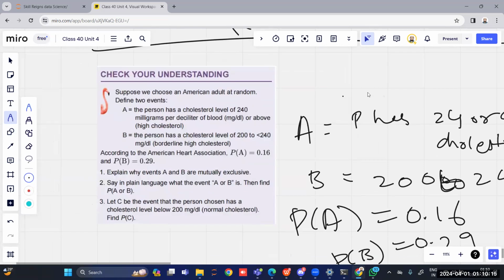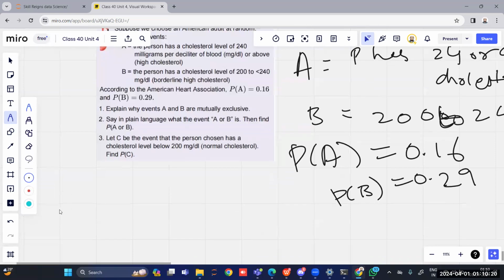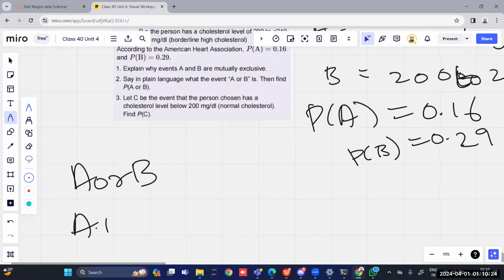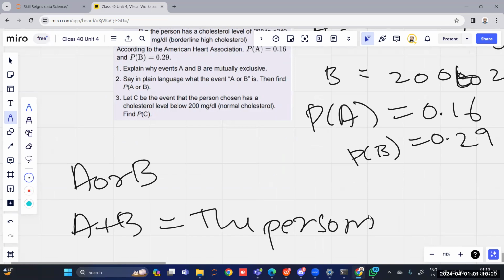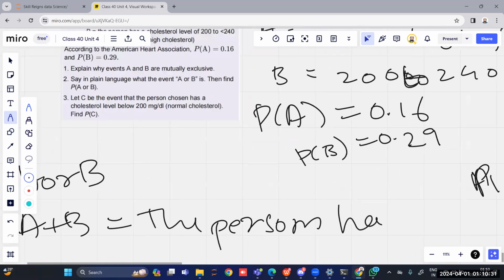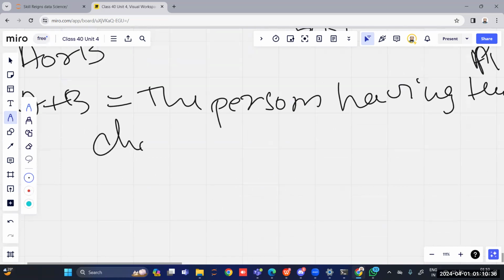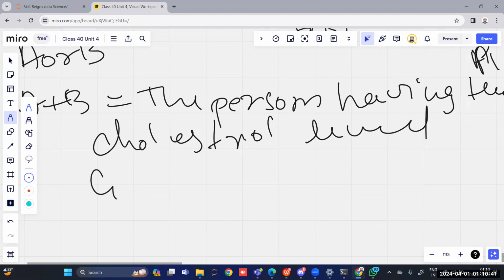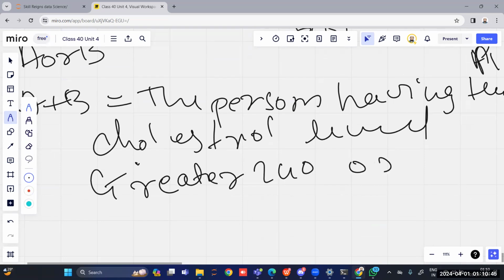So next is, say in plain language what the event A or B is. So what will be the event A or B? In simple language, A or B means A plus B. So I'll write here: the person having cholesterol level greater than 240 or less than 240.